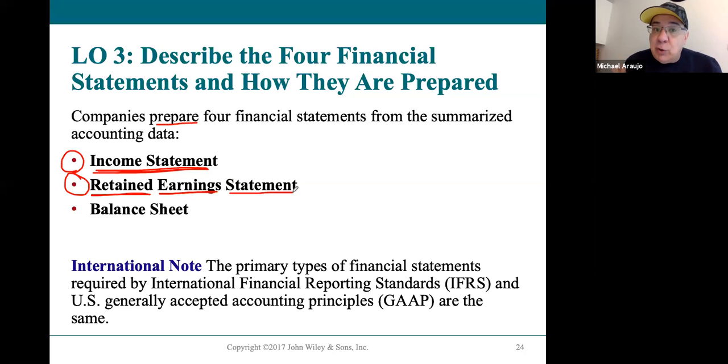Now, in this case, the owners, because we're focusing on the corporate form, are stockholders. And so this is usually cash being sent out of the company, directly to the owner's personal accounts. And so it's deducted from the retained earnings because it's not being kept in, it's not being retained, it's actually being sent out.